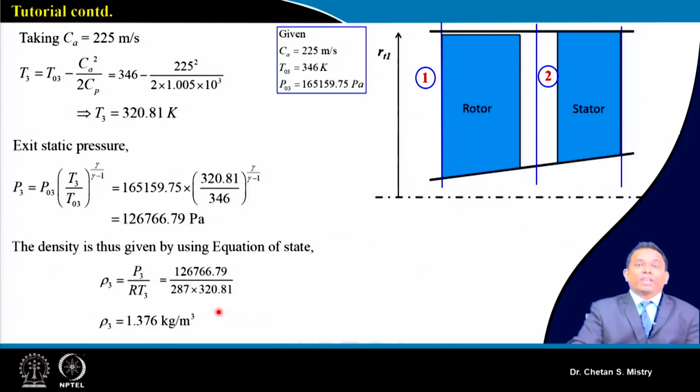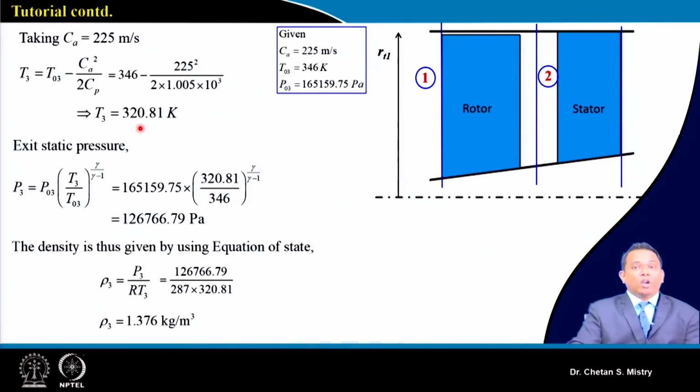So the absolute velocity at the exit, say C3, is equal to the axial velocity, and we are assuming the axial velocity to be constant for this configuration. Putting that in as a number, the static temperature at the exit, or at station 3, comes to 320.81 Kelvin.